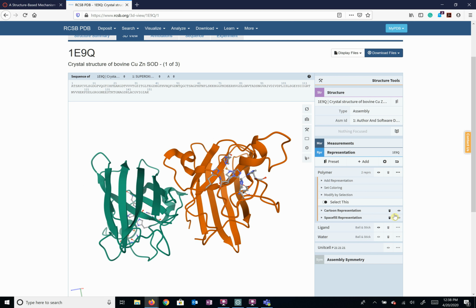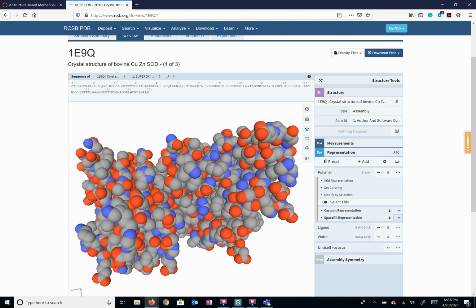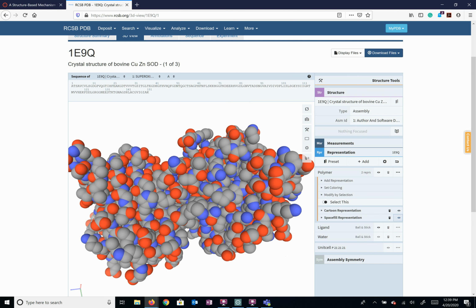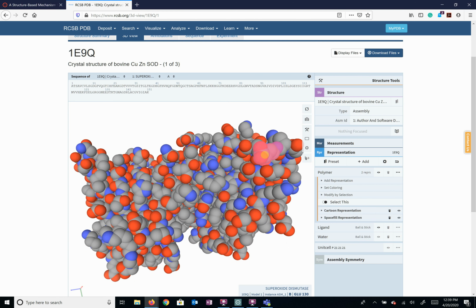To drive this point home, let's switch to a space-filling model. It's kind of tough to see, but you guys see the copper? It's not covered by anything. There's an open channel to get into and out of this, whereas the zinc, we can't see it at all. It's buried underneath all this stuff over here.